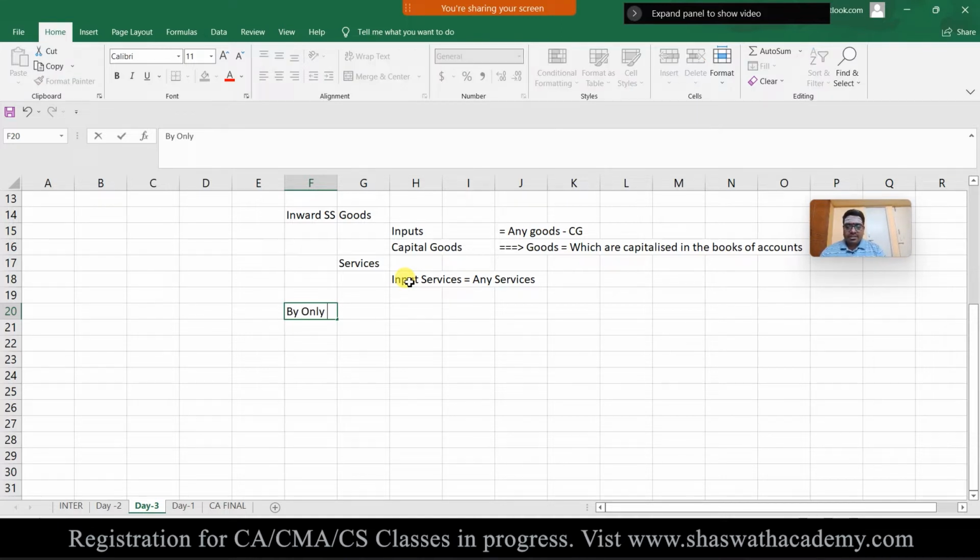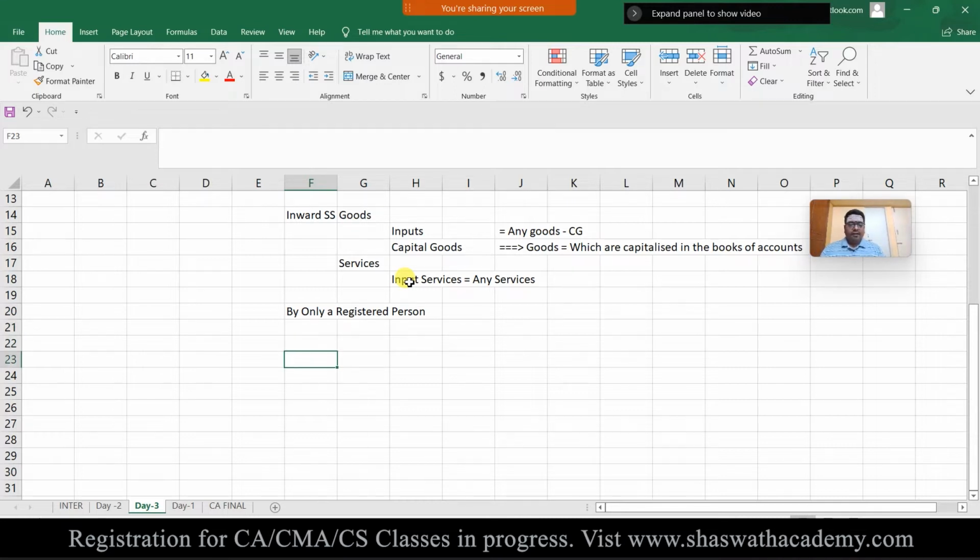By only a registered person. That means an unregistered person procuring or paying a tax will be outside the equation, it will not be brought into the system. Only a registered person.